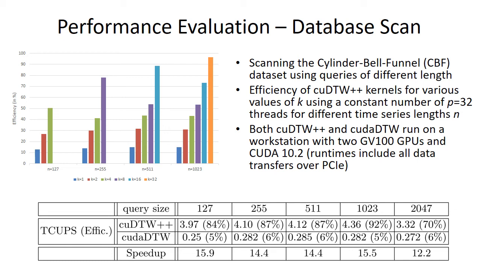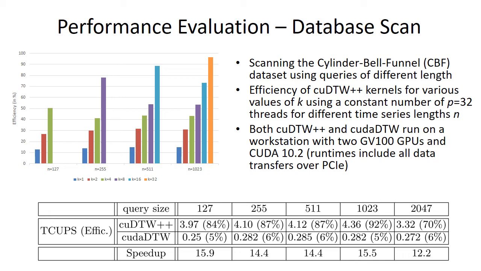The first evaluation is a database scan, where we scan a data set. This is called the cylinder bell funnel data set, which is well known in the data mining community, using queries of different length. In the upper left picture here, we determine the efficiency of our kernel for various values of K using 32 threads and different time series length.